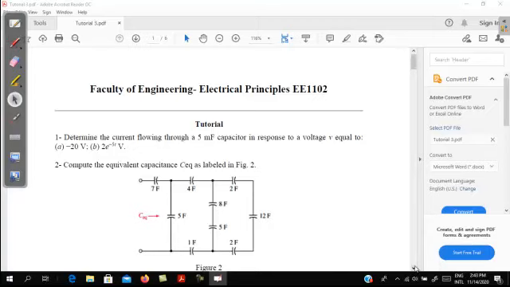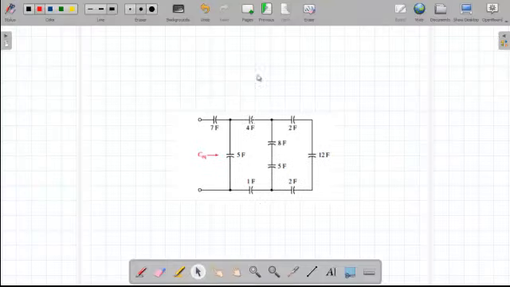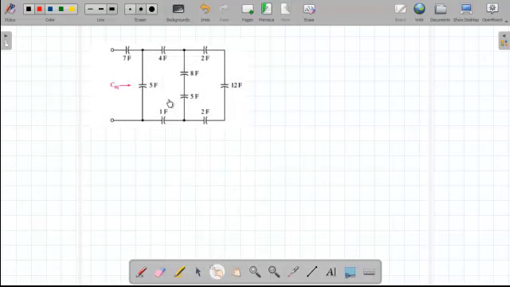The second one is also straightforward, so I will just give the final answer for this one. So remember the rule that you will be dealing with the capacitor in series as they are resistors in parallel. So the total capacitor, C, will equal 3.62 farad.